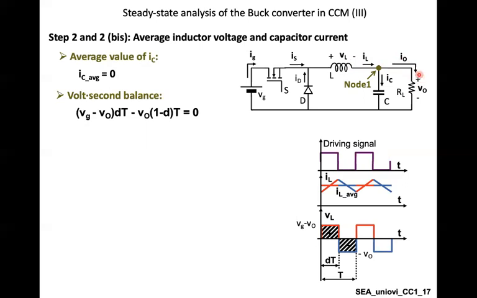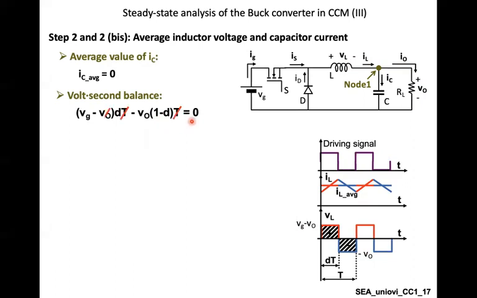On the other hand, considering the area equalization process, the area here and the area here are equal. The upper area is (Vg minus V output) times the duration, which is DT, minus the lower area, which is V output times (1 minus D)T, is equal to 0. Perfectly.